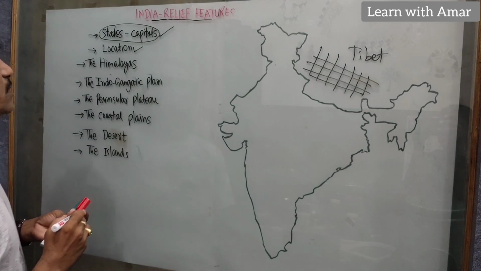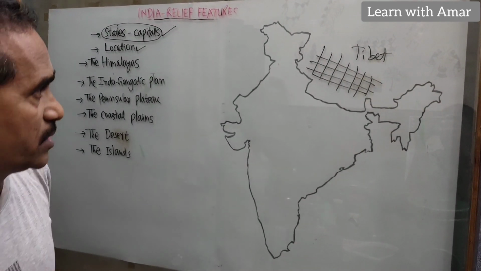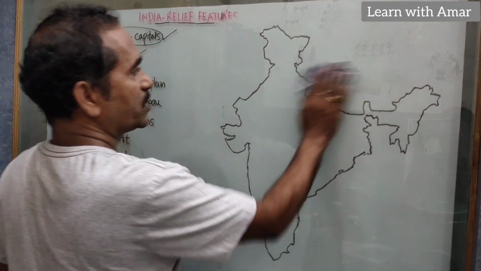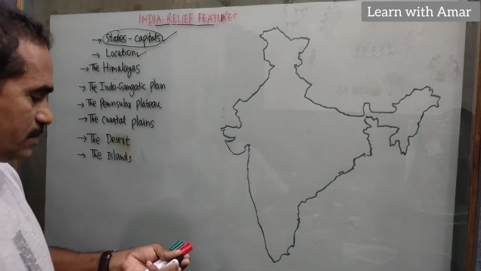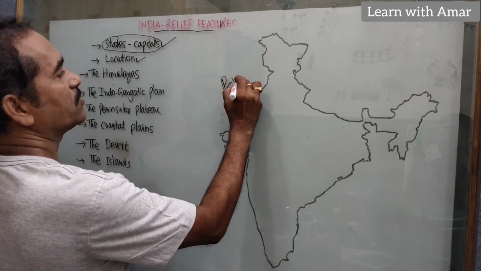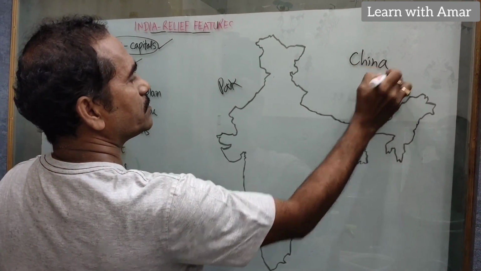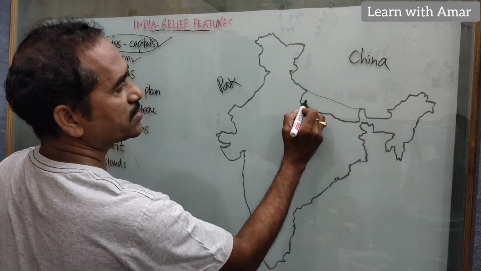Now, then what are the neighboring countries? Yes, neighboring countries also we know definitely, because they are Indian neighboring countries. Look at it. It is already Pakistan. We know Pakistan. Over this side it is China, and this one is Nepal.